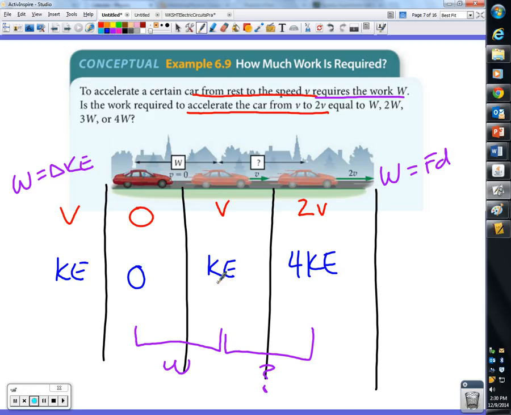Going from KE to 4KE is an increase of 3KE, right? That makes sense? If it took us work W to go from 0 to 1, going from 1 to 4 requires 3W worth of work.